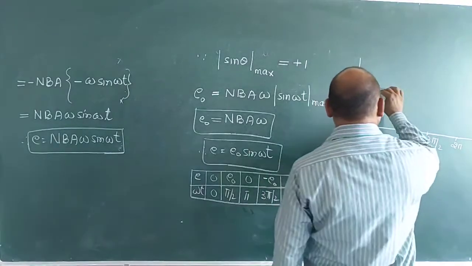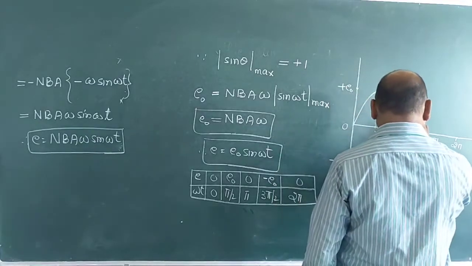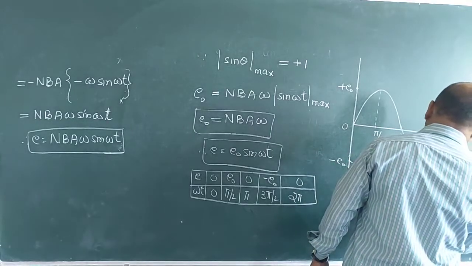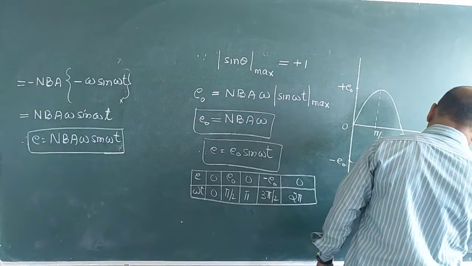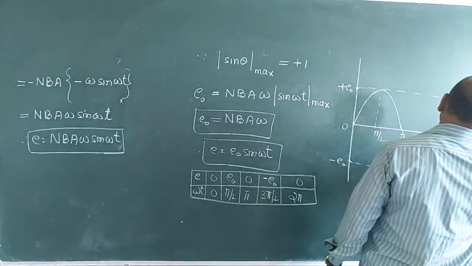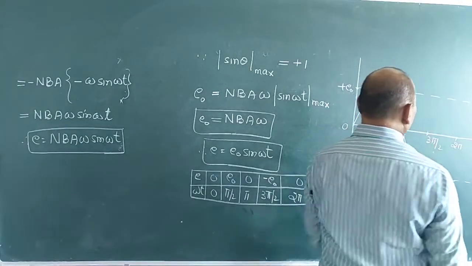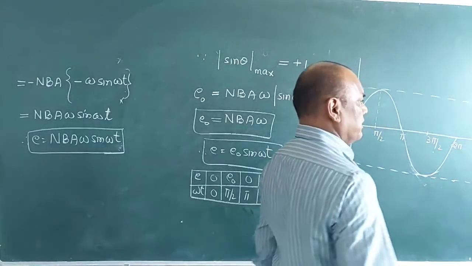After that it comes to 0 at pi, and then it goes to the maximum value here. This is the maximum value at 3 pi by 2, and then it comes to 0 at 2 pi.